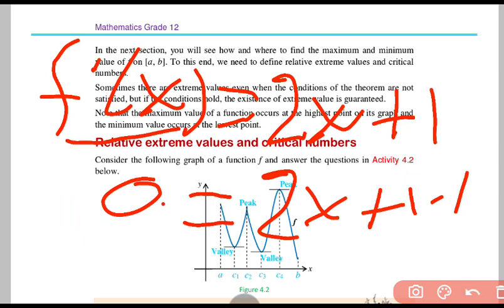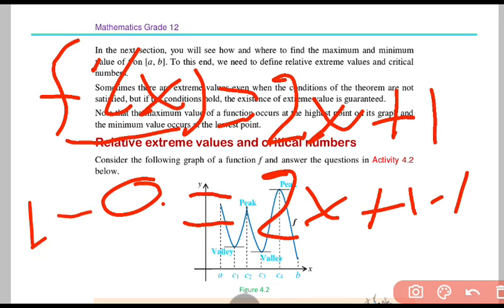Can we write this number like this? You can write this. This minus is only for what? It's not for the 1.